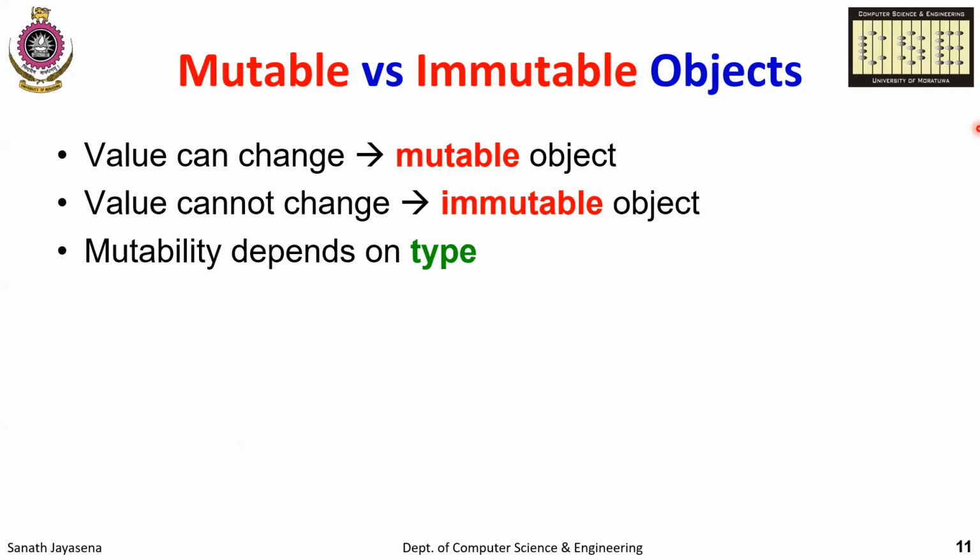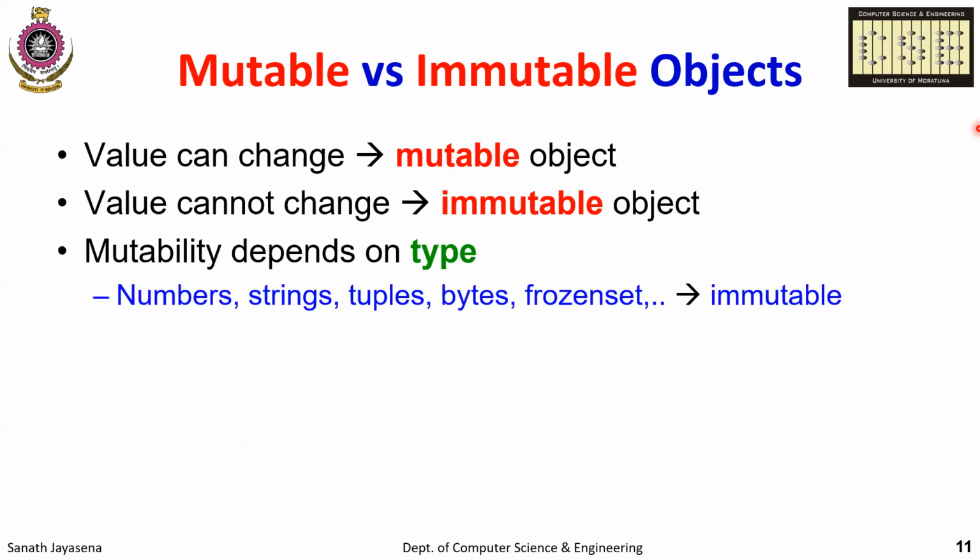its type. So for example, numbers, meaning all numeric types, strings, tuples, and various other data structures like bytes and frozen set, which are built-in types, or what we call built-in compound or composite types. These are some examples of immutable data types. So far, we have come across two, numbers and strings.